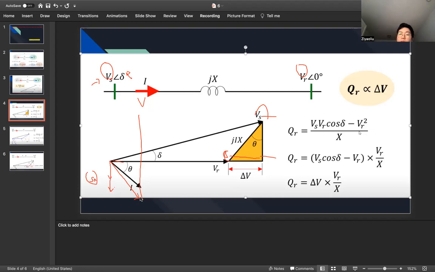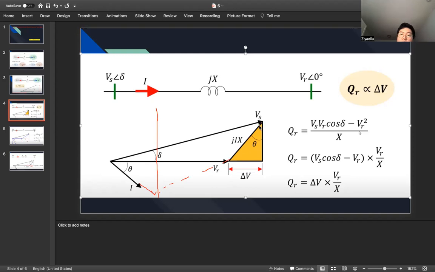So if we add reactive current like this, what happened? Look at that. I need to show it more clearly. So look at that. If the current is here, which means 90 degrees here, right?